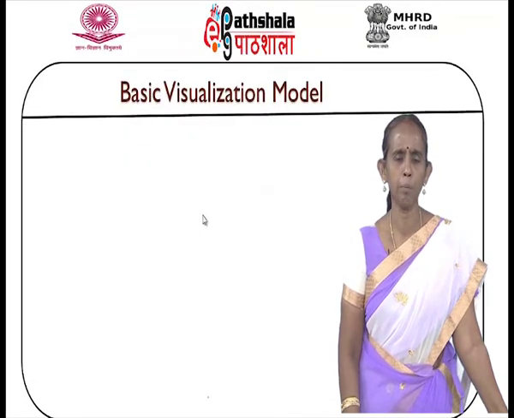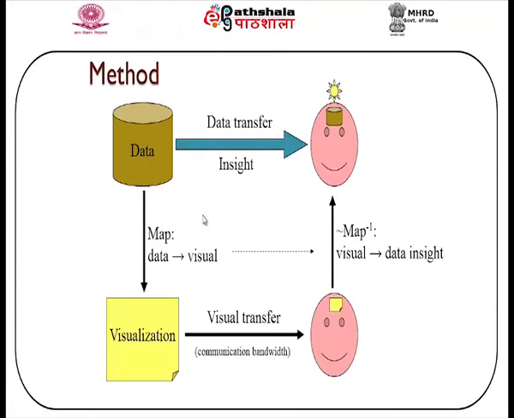So if you look at the basic visualization model, the model is given like this. The data is mapped onto a visual form. There is a perfect mapping from the data onto the visual form, and this visual form is transferred to the human being. With the help of the visual transfer, it is possible for the human being to understand or get certain insight about the data.